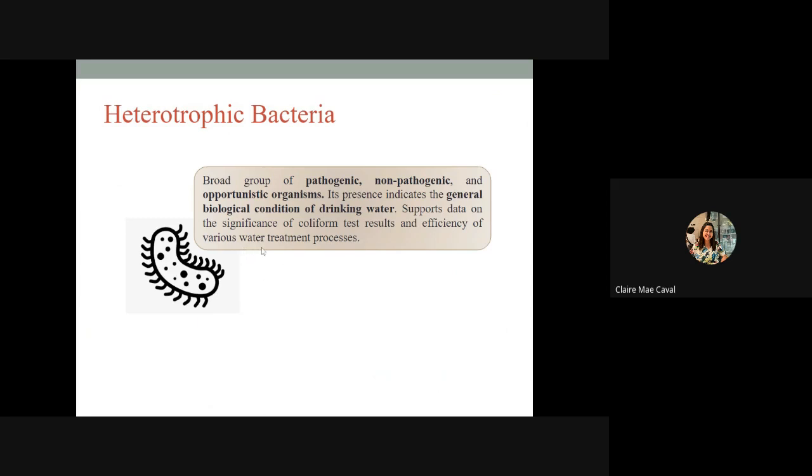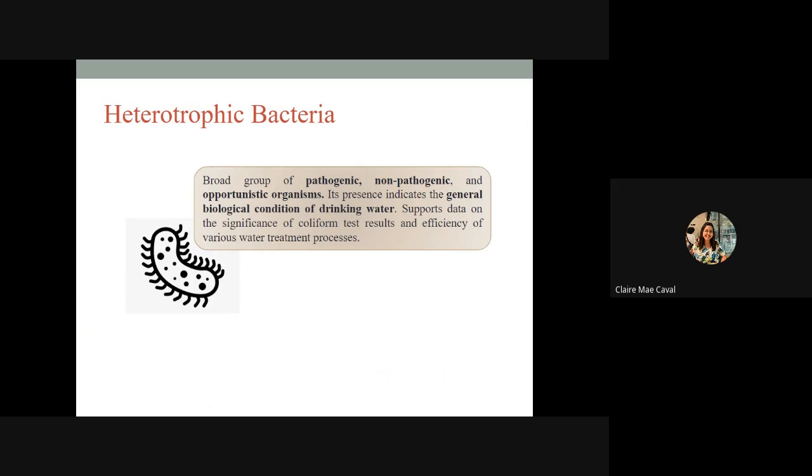Most water providers that undergo treatment will always submit for HPC or heterotrophic plate count testing. Okay? This is highly tested to know the efficiency of various water treatment processes.